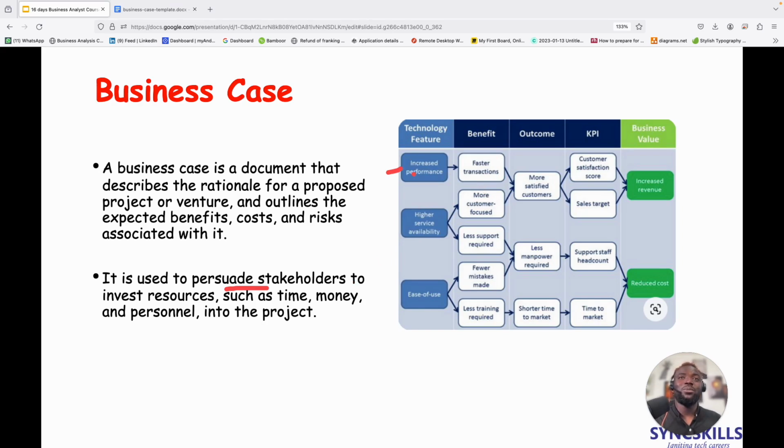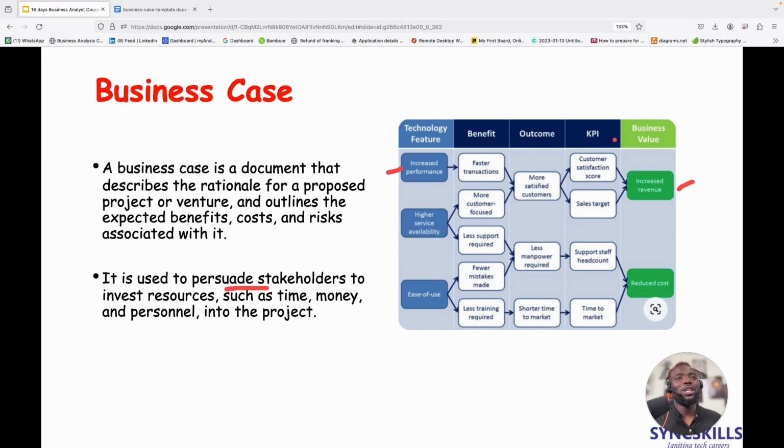As you can see, the benefit of increased performance can be faster transaction processing for the organization, right? And what would be the outcome of faster transaction processing? You can take a guess. You have more satisfied customers. And when you have more satisfied customers, that will ultimately lead to increased revenue.